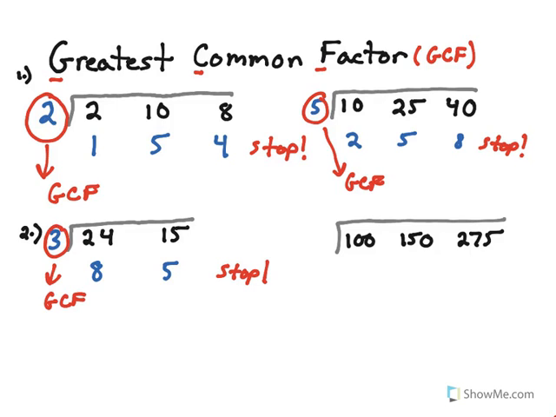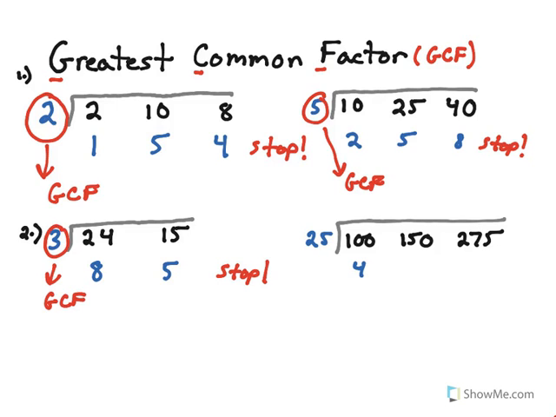So we're going to take all three of these numbers, and then we're going to start dividing by 25. Okay, and see what we get. How many 25s go into 100? It's going to be 4. How many go into 150?